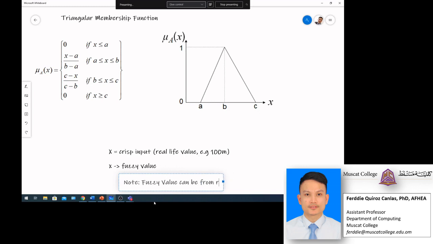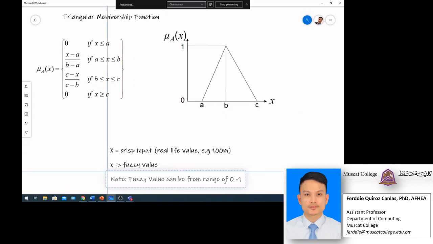So basically you want to convert this real life value into 0 to 1. In order for us to convert 100 meters, let's say, into 0 to 1, you have to calculate it using this formula.